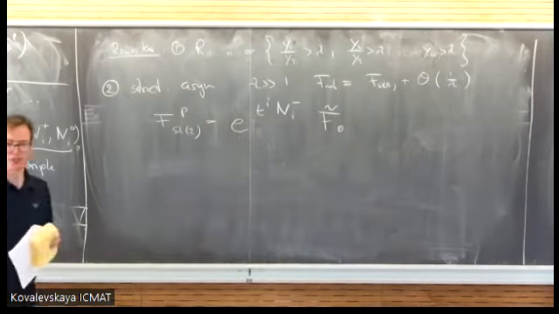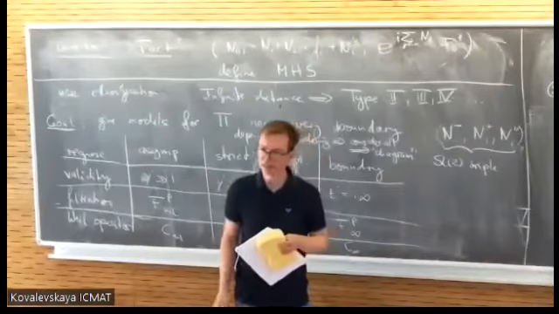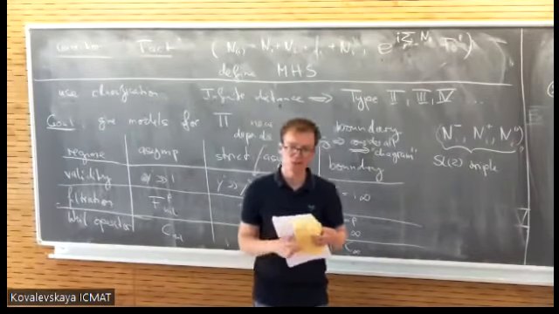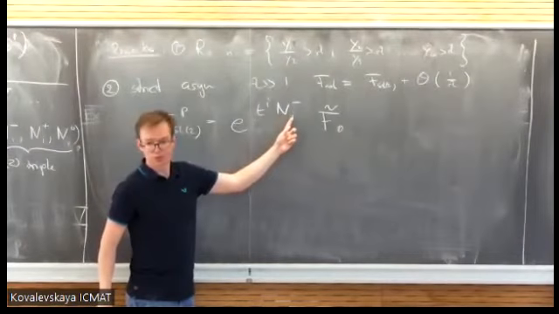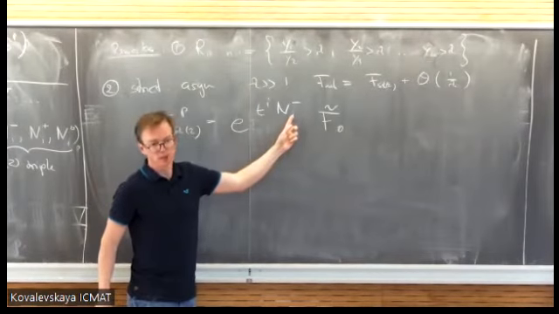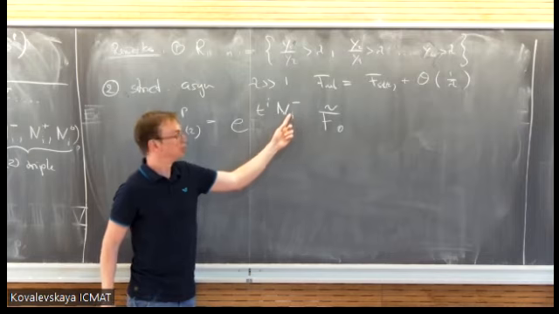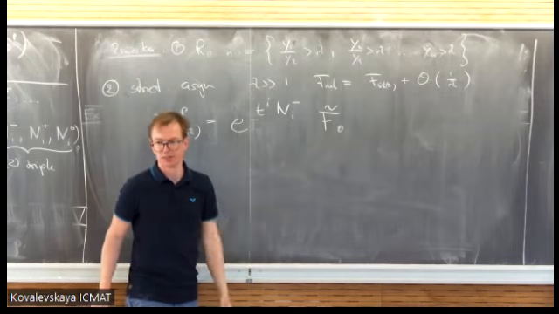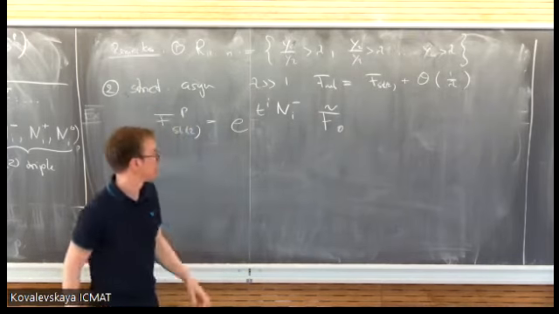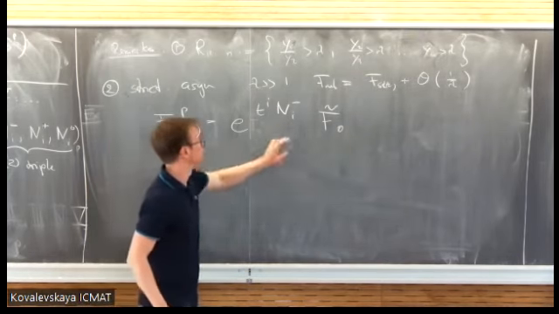So it looks like a nilpotent orbit, and it is a nilpotent orbit, but it now uses these new N's, the new N's in the SL2s which actually commute. Well, the old N's also commute, but now the whole SL2s commute.